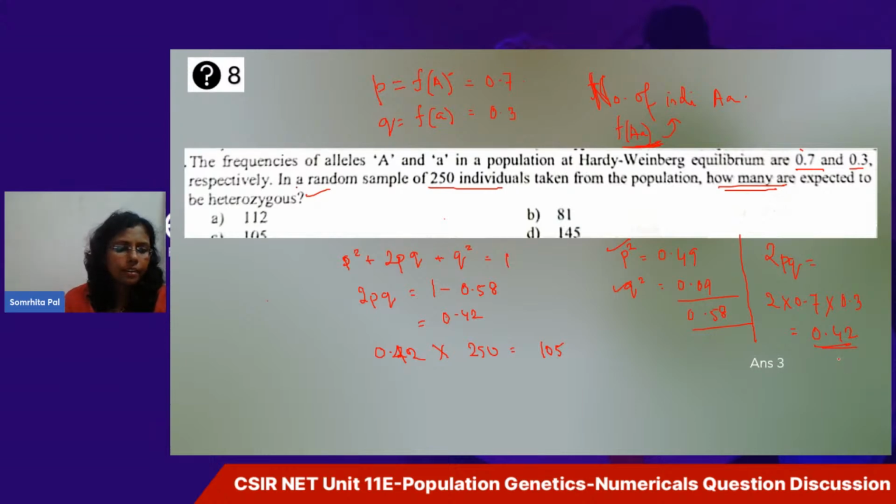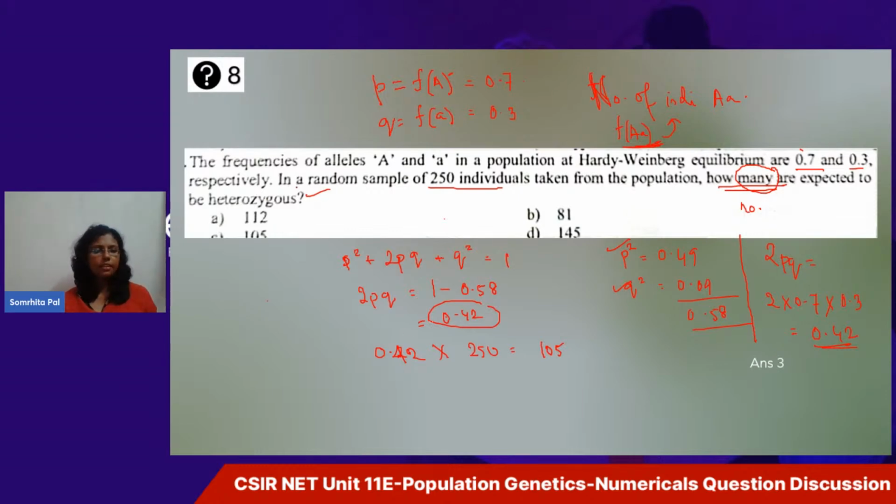Yes, why are we multiplying with 250? Because they are asking how many. That means they are asking for the number. What we have found here is a frequency. Frequency means it is out of the total how much.